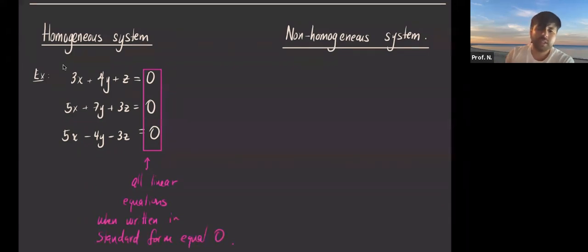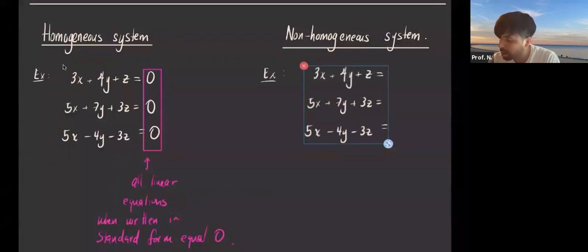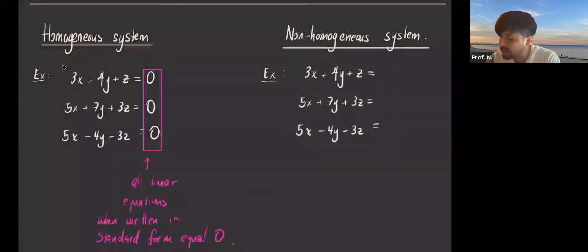And guess what non-homogeneous systems are? It's when you write the linear equations in standard form, and at least one of them is not 0, meaning that not all of them are 0. So for an example, I can literally write the same thing. I'm just going to copy this down. And the moment I change this to 0, 0, and I call this a 5, the moment I do that, this is a non-homogeneous system.